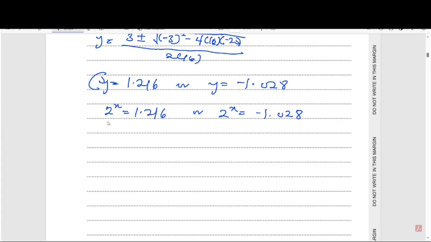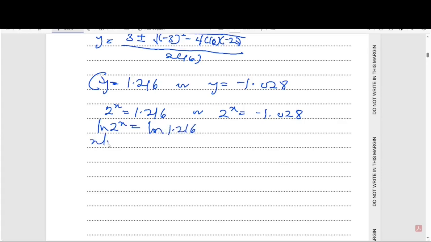What really matters is that if you take log to the base 10 on the left hand side, and do the same thing to the right hand side, your answers are going to be the same. So you take log of both sides, and you have log of 2^x is equal to log of 1.216.